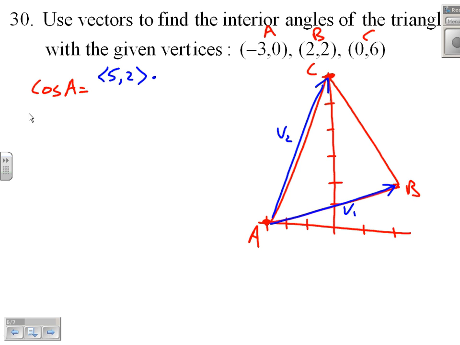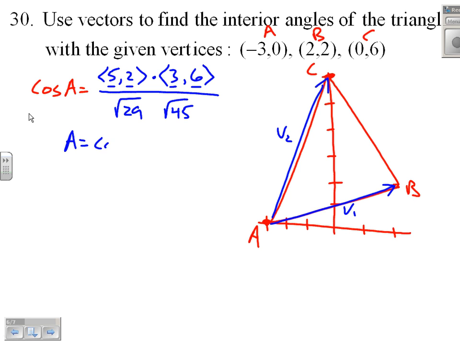And if I call this V2, the vector exiting angle A has a horizontal component of 3, a vertical component of 6. And then underneath that, I just want my magnitudes, which I'm going to do in my head. Magnitude of a 5, 2 would be 25 and 4, 29. Magnitude of a 3, 6 would be 9 and 36, root 45.